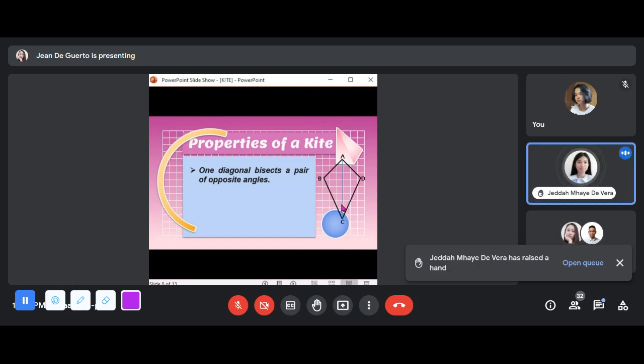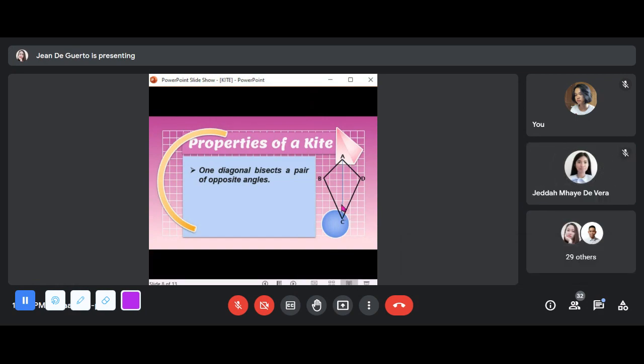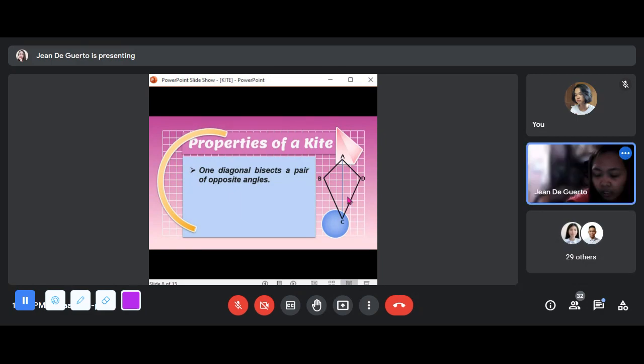Ma'am, 180. Why 180? This 80 is the whole angle C, it was divided, so what is the measurement of angle BCA? Raymark. Ma'am, angle C will be 40, angle B is 80, angle A is 60, and angle D is also 80.